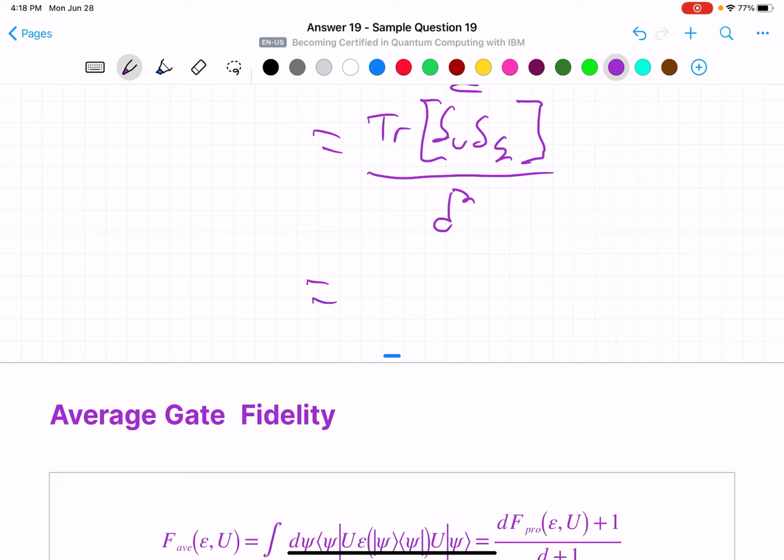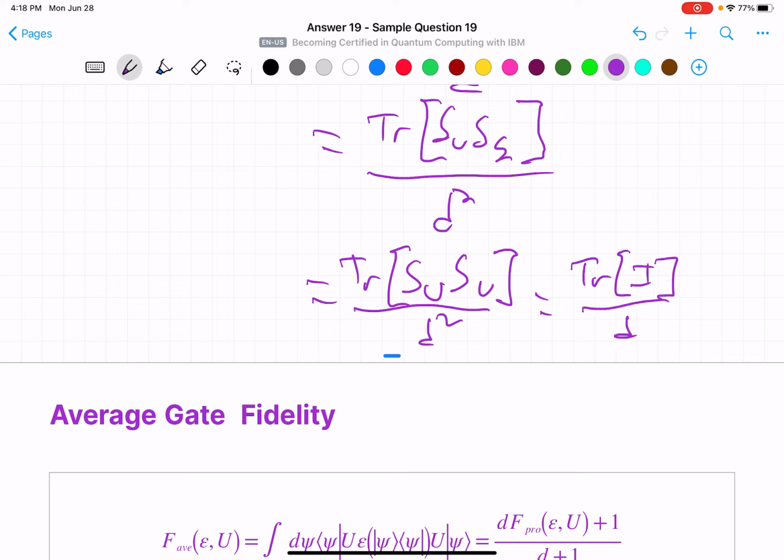And remember, S sub u and S sub epsilon are the same. So this really is S sub u squared, which is going to be the identity matrix. And the trace of an identity matrix is equal to its dimension, which, as a 4x4 super operator, means the identity matrix is going to be a 4x4, and we get 4 over 2 squared, which is equal to 1.